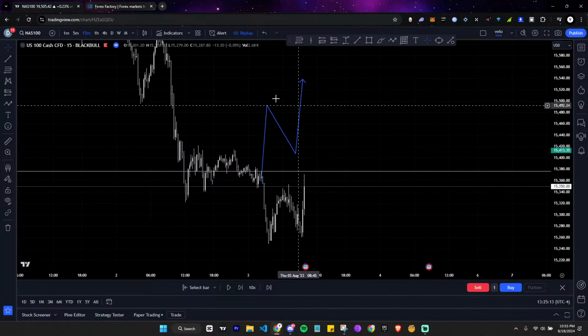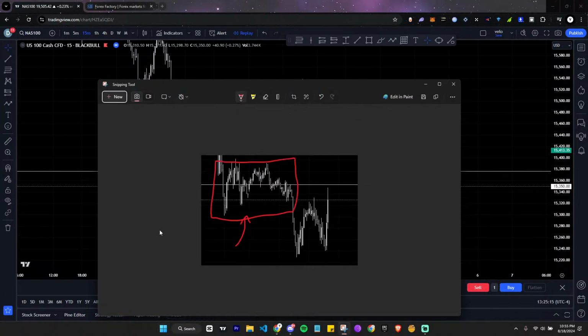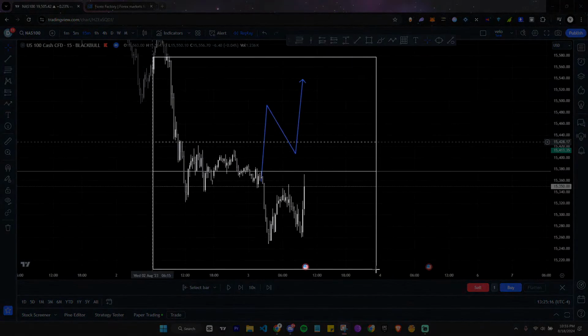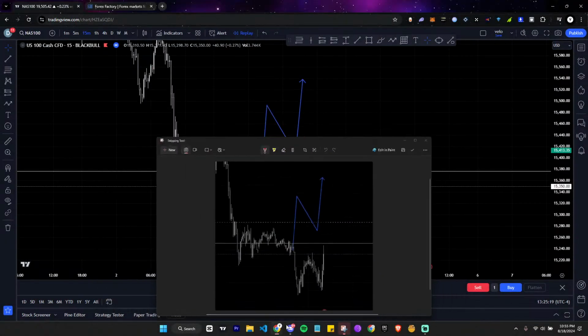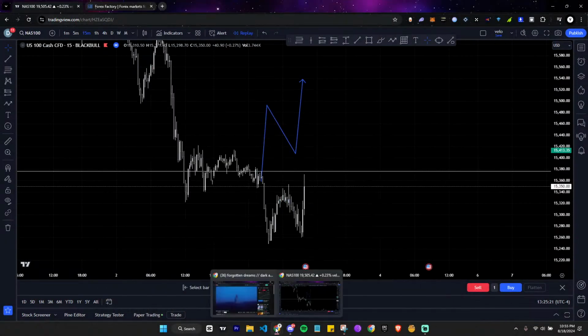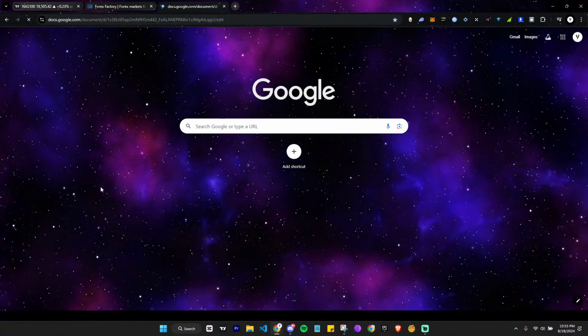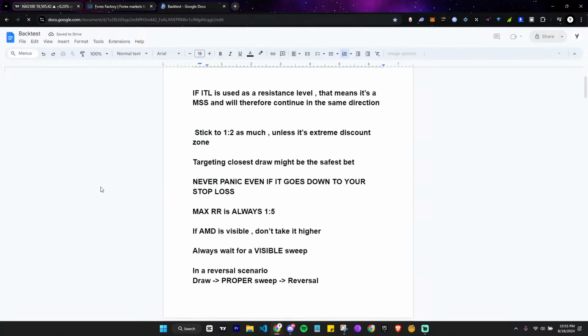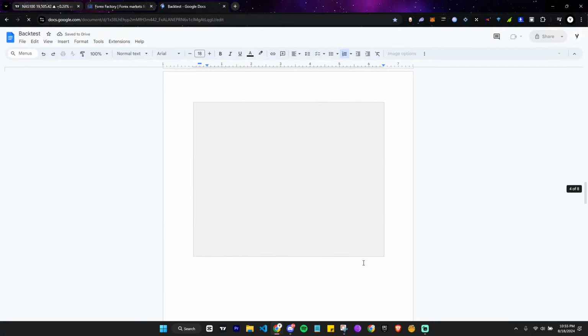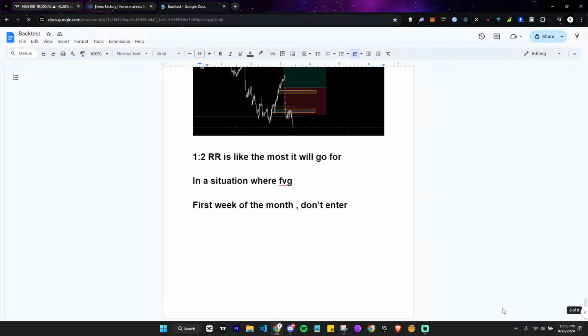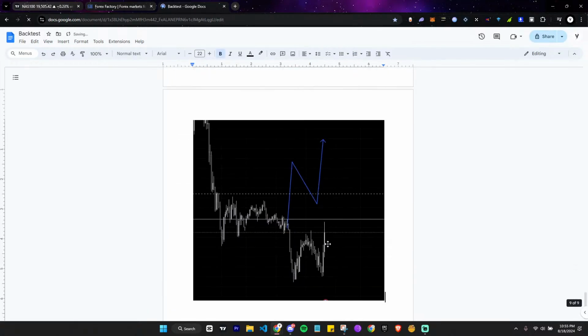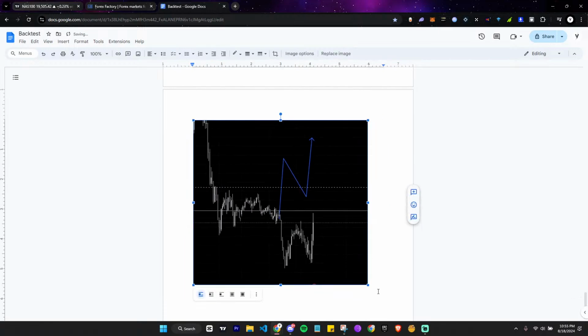This is what should happen if this was really reversing from that point. If this doesn't happen, that means it's continuing. Just a temporary pullback. Simple. It's pretty simple if you think about it. It's pretty easy.